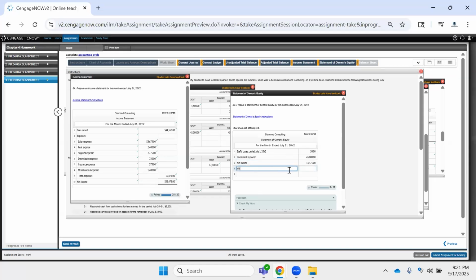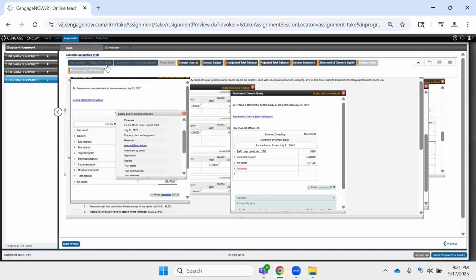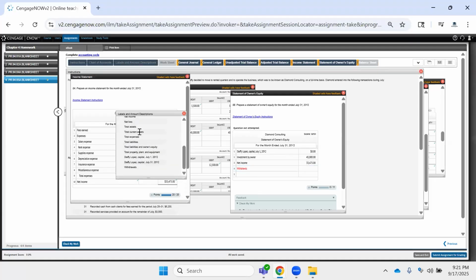Then our next item is withdrawals. Let me get the spelling for that right off of the labels. And our withdrawals was our dividend that we paid to the owner, 12,500. And then it ends with our ending amount.